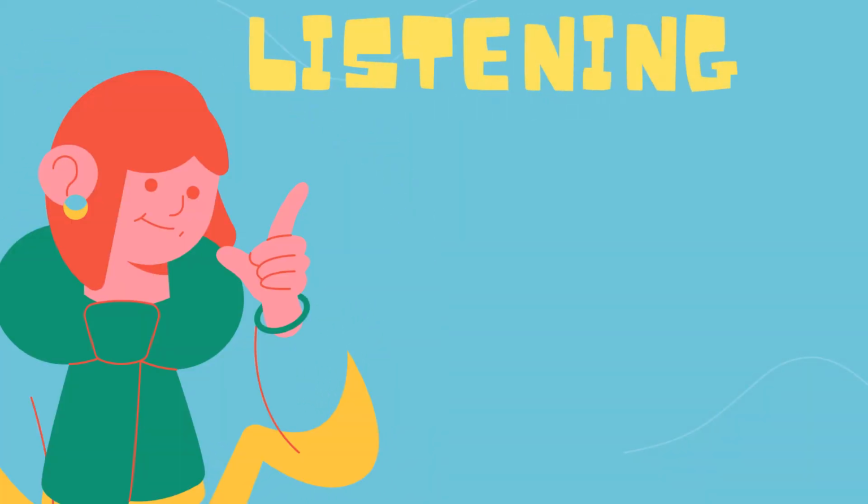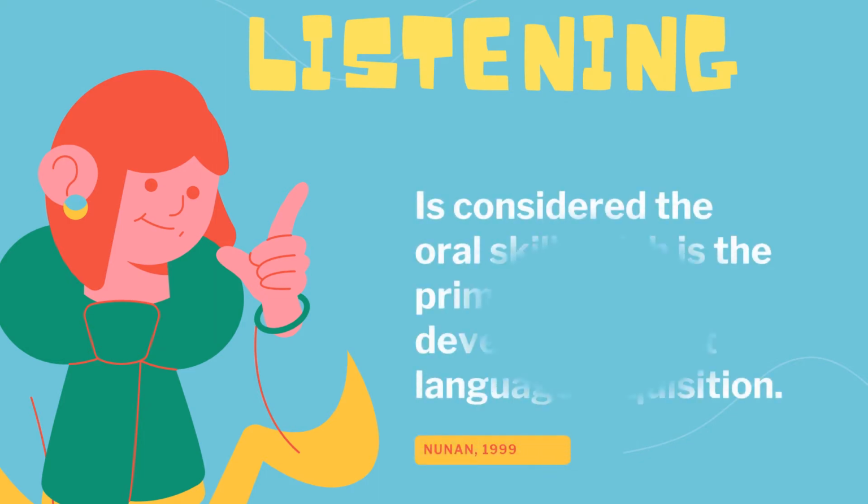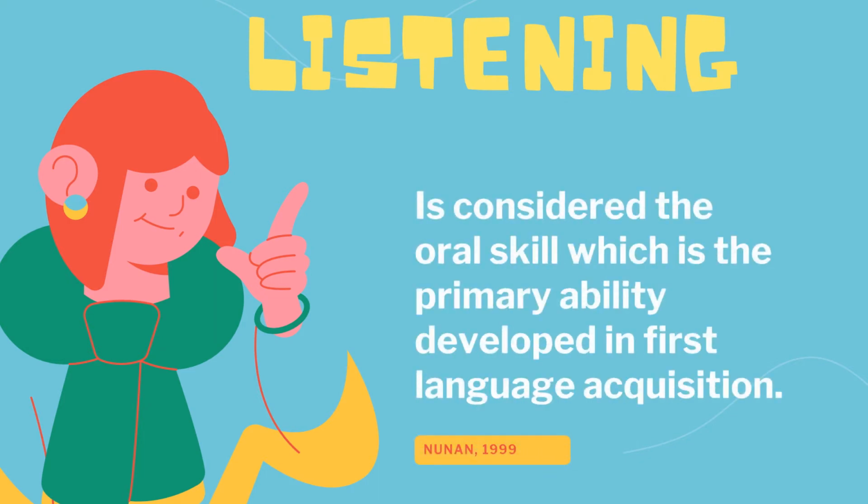Listening. Listening, as a receptive skill, is considered the oral skill which is the primary ability developed in first language acquisition. However, until recently, listening was ignored in the second language context, Noonan, 1999.